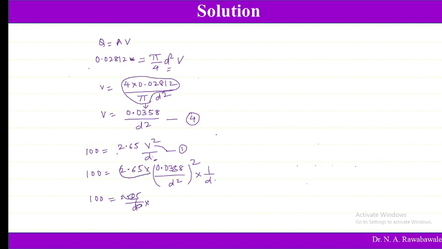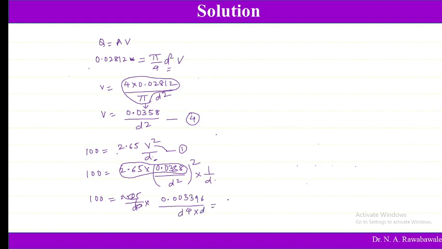This constant term into the square of this term, we get 0.03396 divided by d to the power of 4 into d.